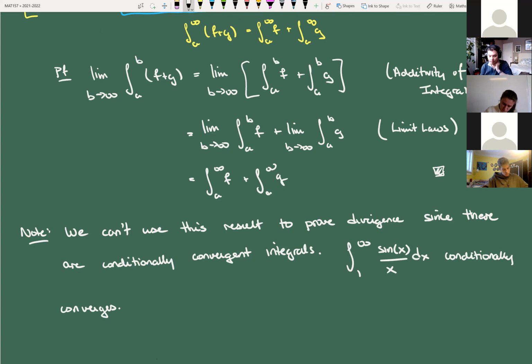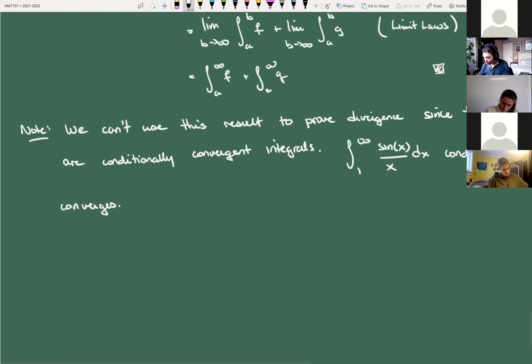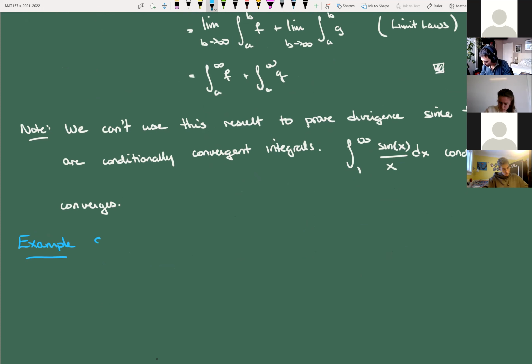All right, let me very quickly give an example of how we could use it. Show that the integral from 2 to infinity of sine t squared over t to the 4 minus 2 dt converges.